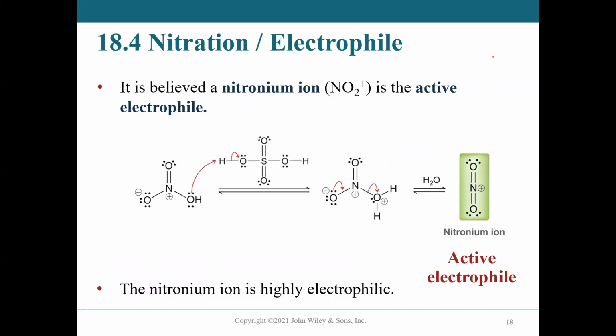That's why you have to use sulfuric acid as an acid catalyst. Here we have a proton transfer right here. This right here is a good leaving group. It's just water. So it'll take off, and then you have the nitronium ion, which is an active electrophile. I mean, look at this charge right here. We have a positive formal charge, 5 minus 4 equals +1.